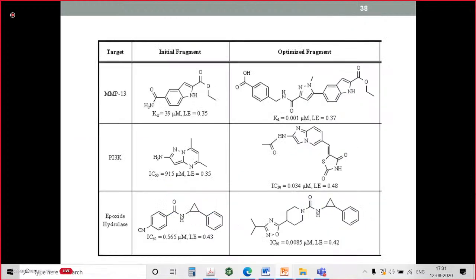So using these computer-based drug design approaches, where different fragments are either linked, grown, or used with the help of the evolutionary approach, molecules are under clinical trials. These are a few examples shown in the table.